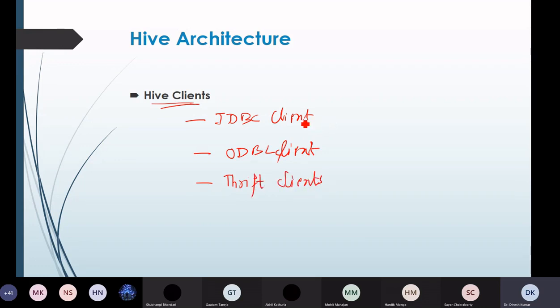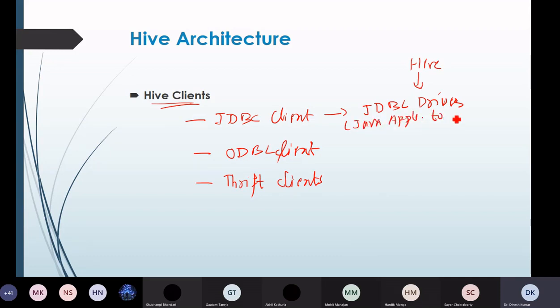Right? So for working with JDBC based application or the Java based application, so that it can connect to the Hive, there is a JDBC driver which Hive provides. So these are the components which Hive provides. So there is a JDBC driver which would help the Java applications to connect to Hive.